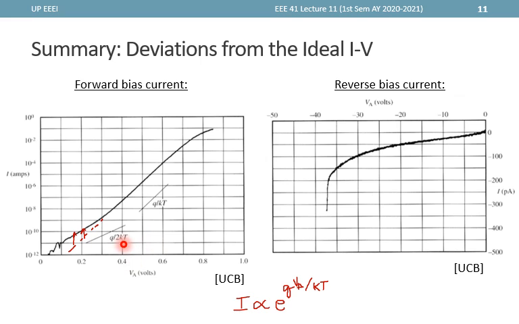So the RG current for the forward bias case is considerable only when we have low forward bias voltages. So there are other things happening here.